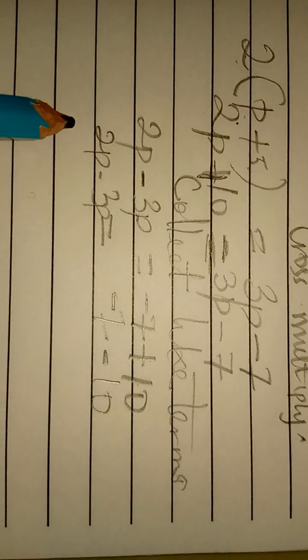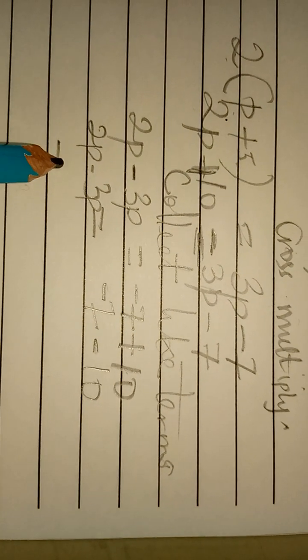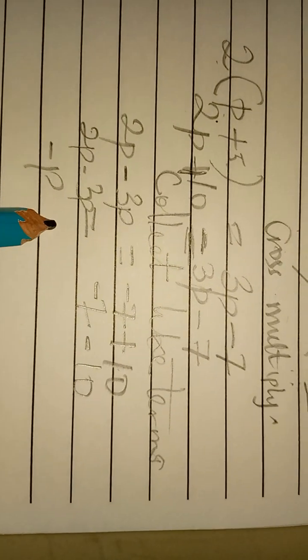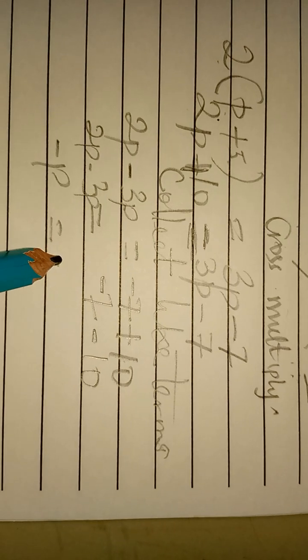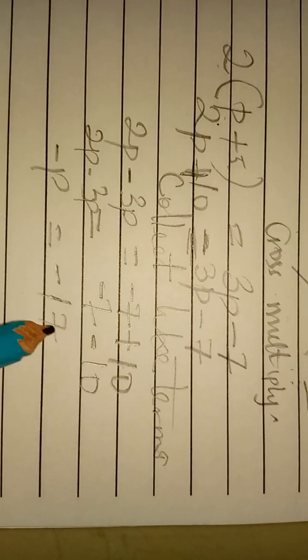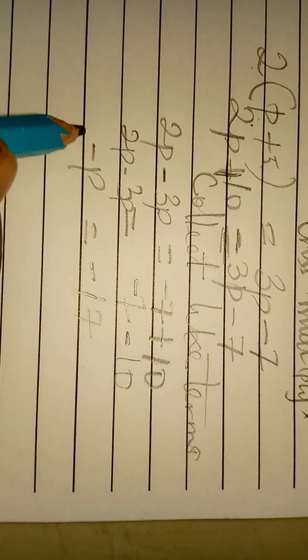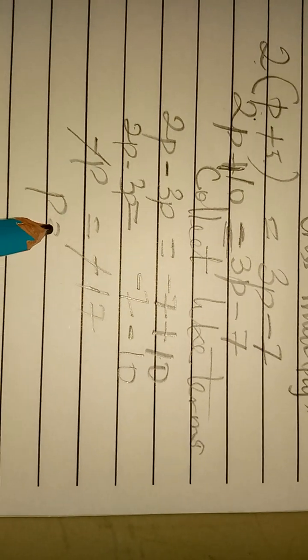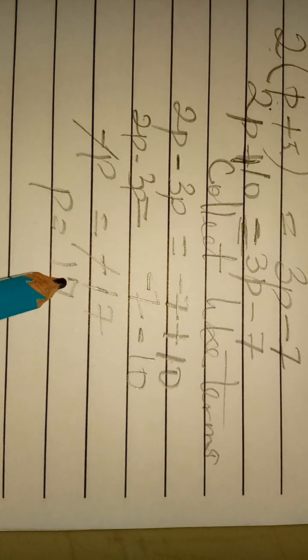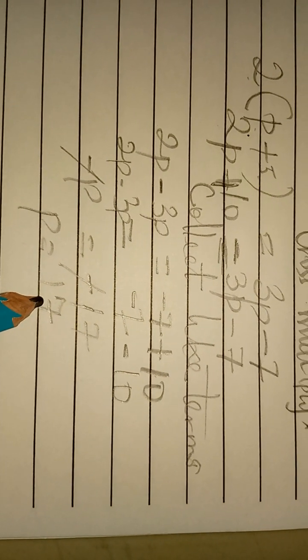In this case, 2p minus 3p is going to give us minus p. And minus 7 plus minus 10 is going to give us minus 17. Here, minus cancels minus. And we're left with p equals 17 as your final answer.